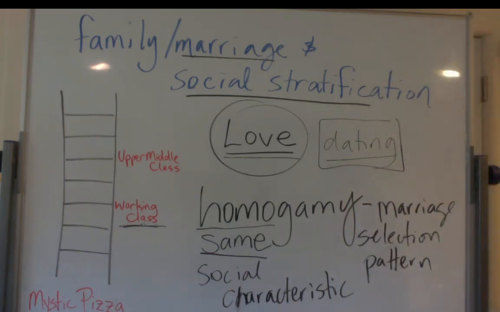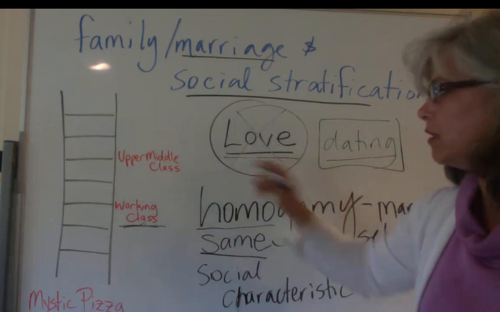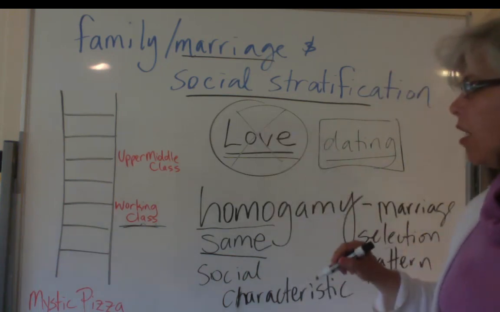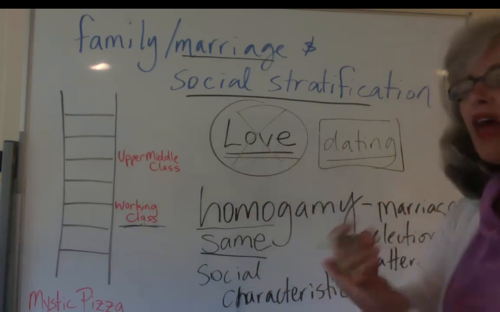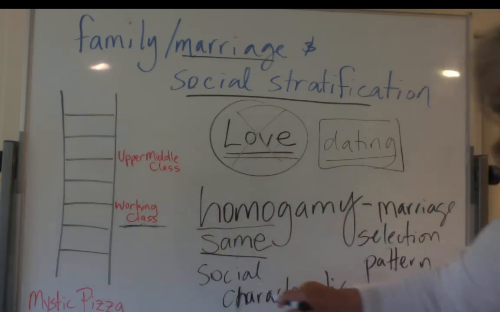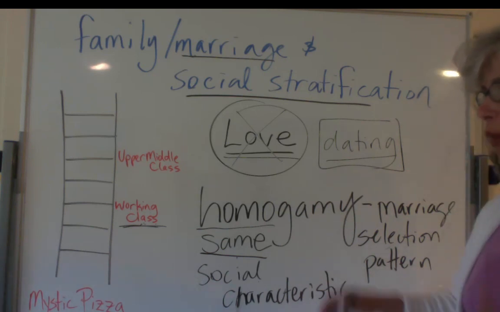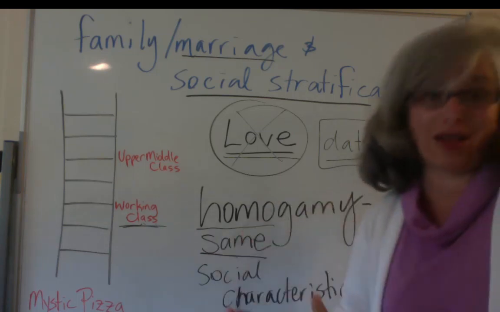So, in the United States, we tend to pick people who we hang out with, we say we love them. Those people tend to come from the same social background as we have, and therefore we repeat the same social background as our parents gave us.